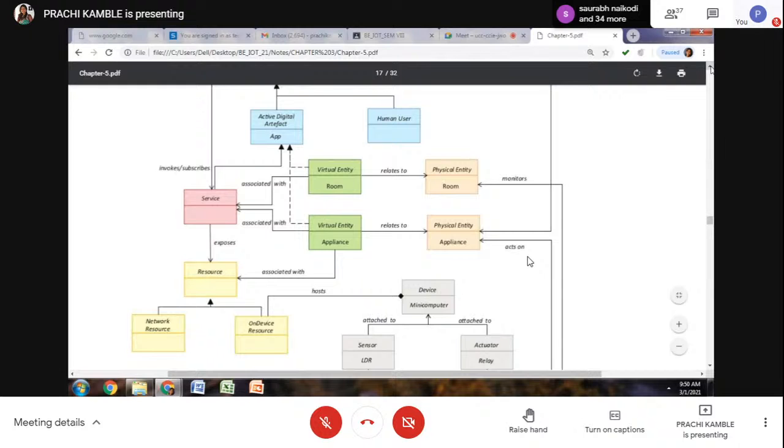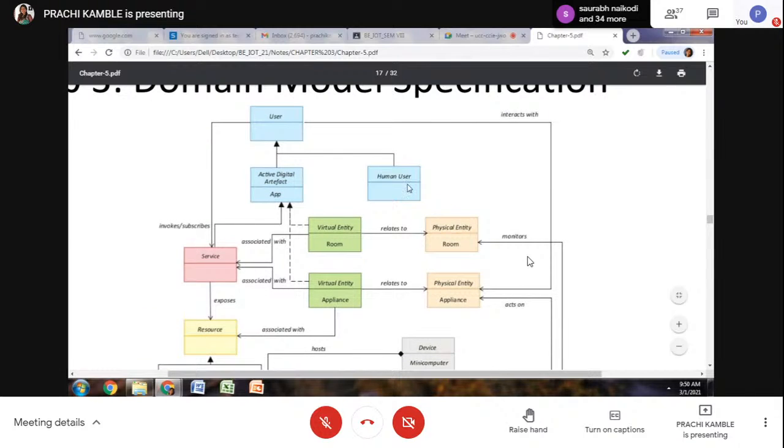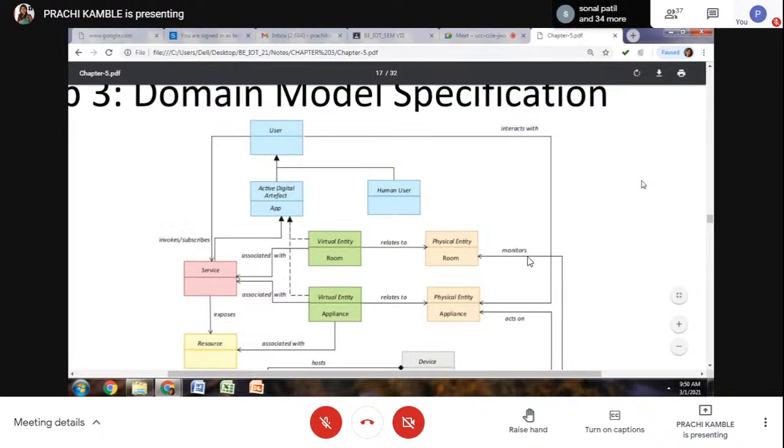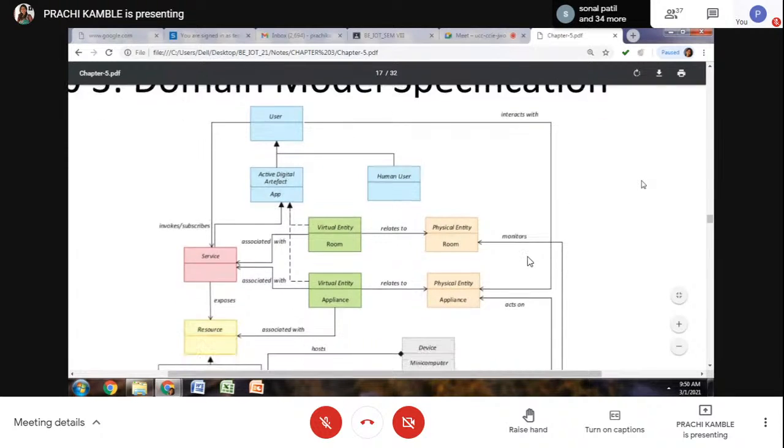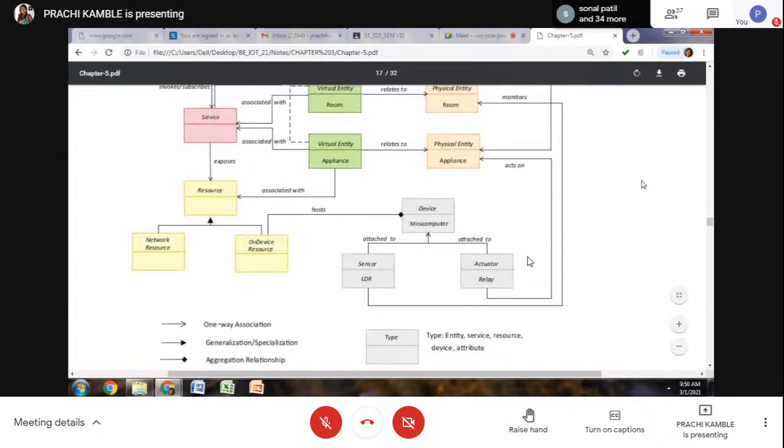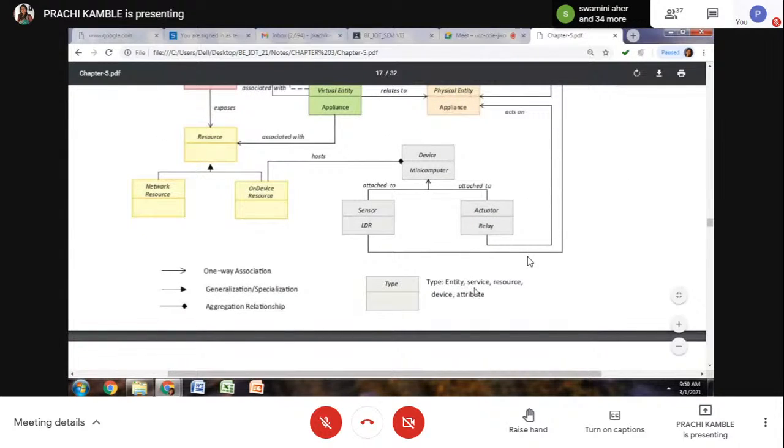Both ways it is possible to operate, auto mode and manual mode. So this is the domain model specification where each and every block is explained properly, that is type, entity, services, resources, devices and their attributes.